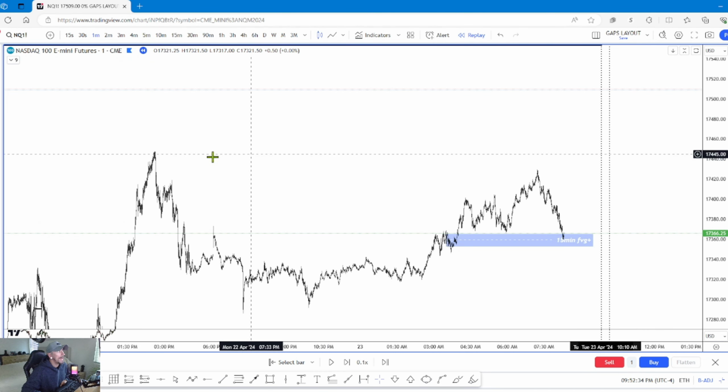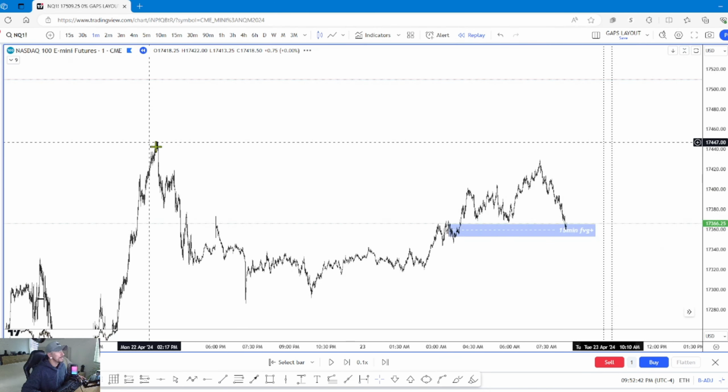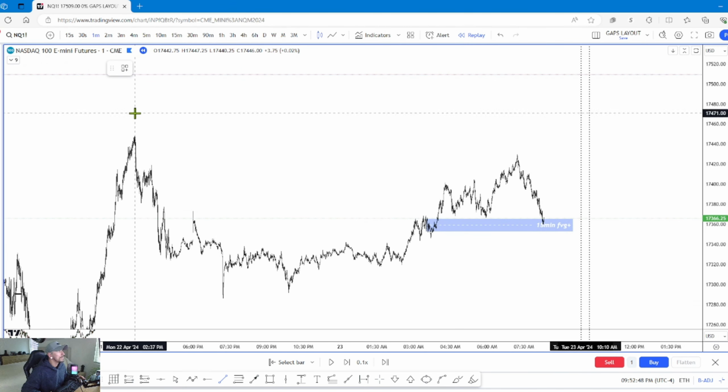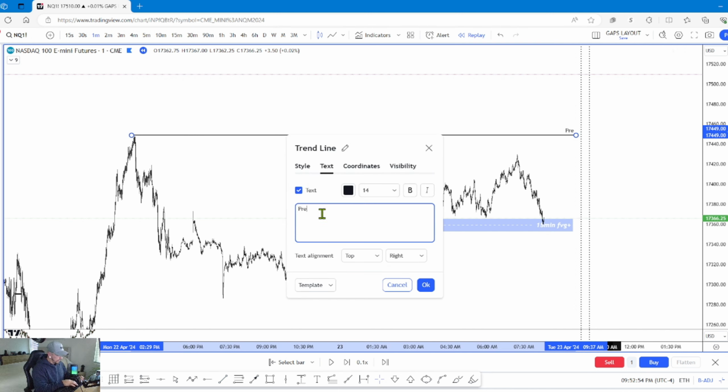If we look at yesterday's PM session, this can also be a short-term draw on liquidity here, previous day's PM high.